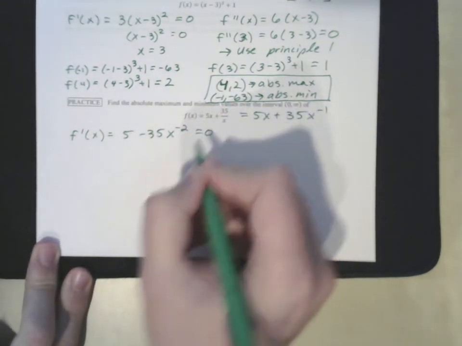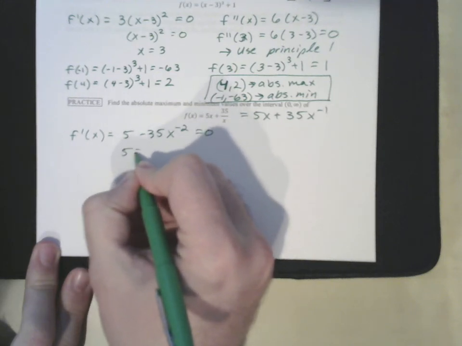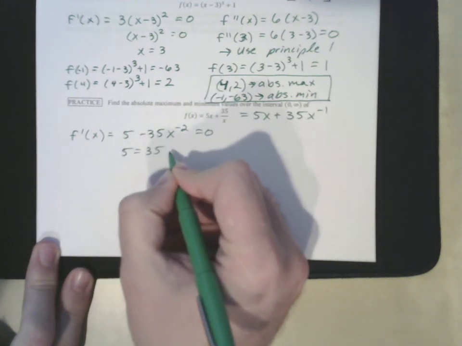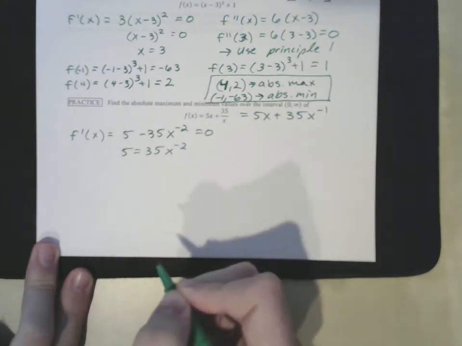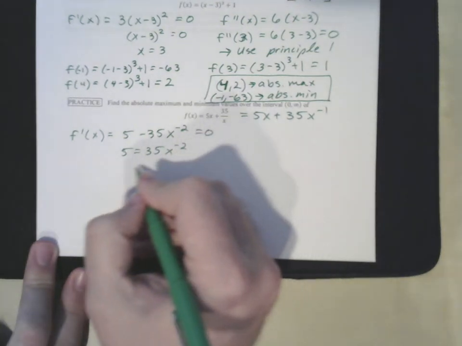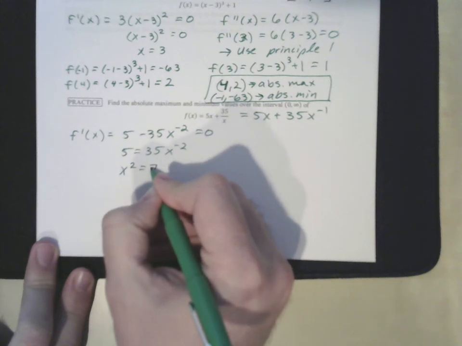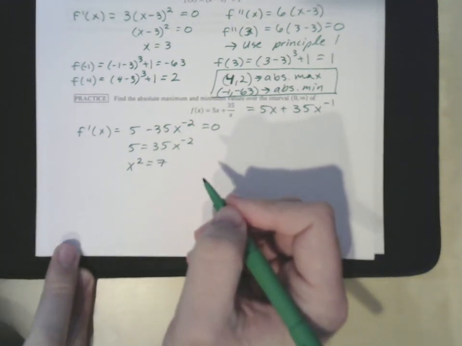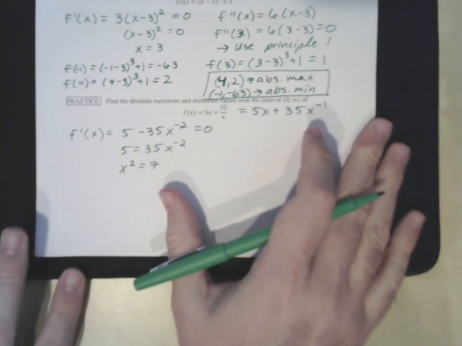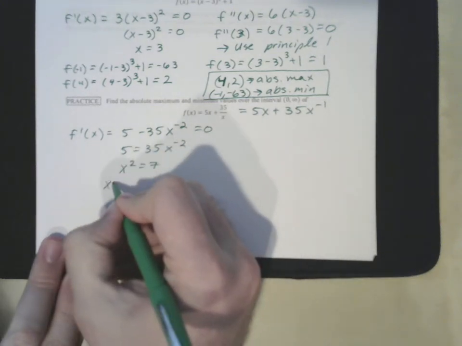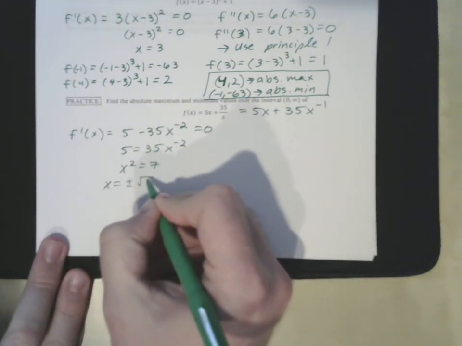And we set this equal to 0. So this is when 5 equals 35x to the negative 2, or when x squared equals 7. So x is going to equal plus or minus square root of 7.